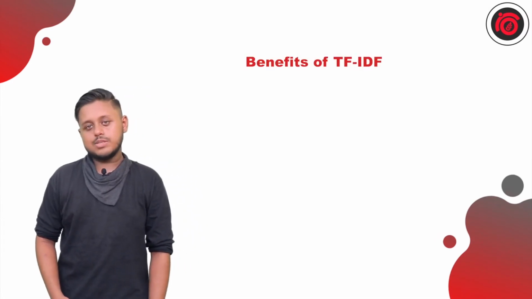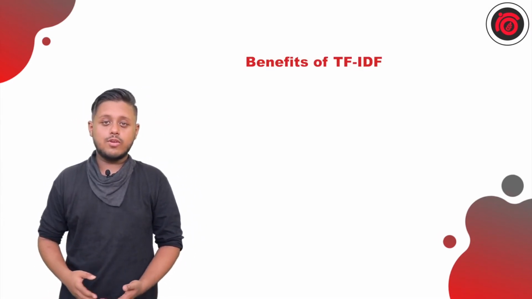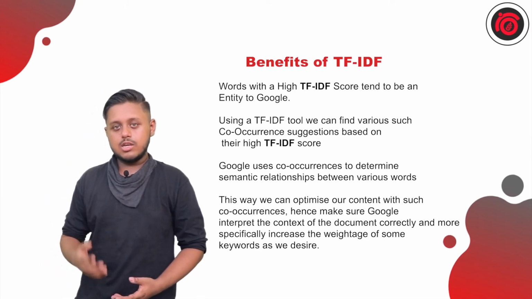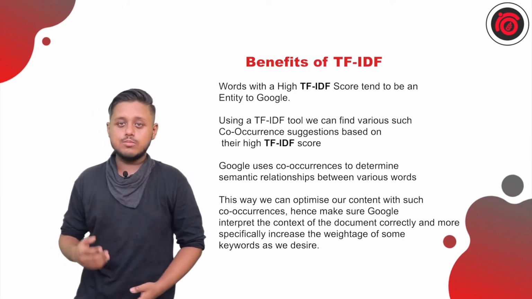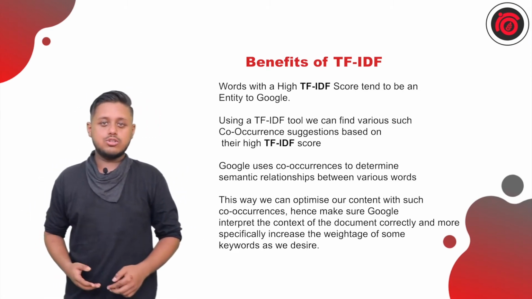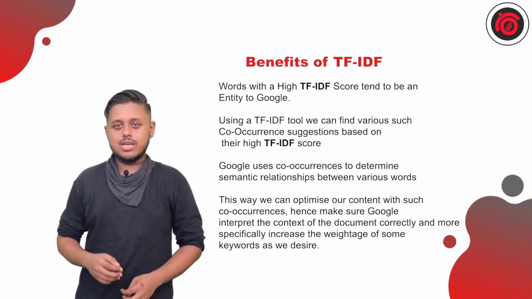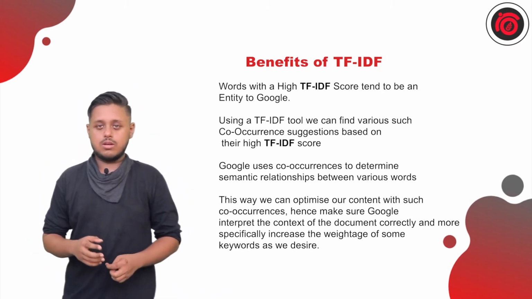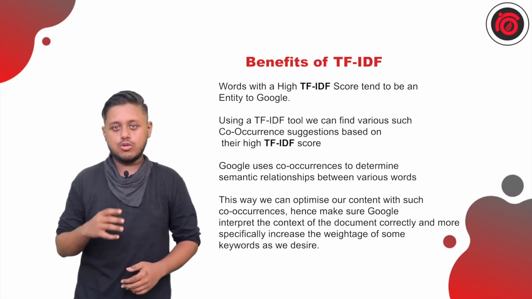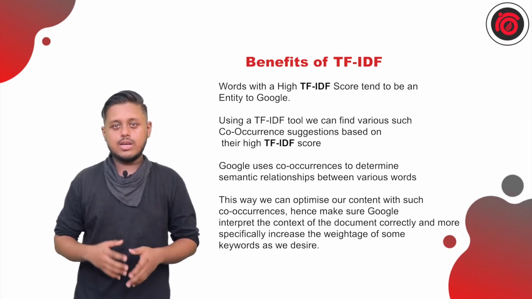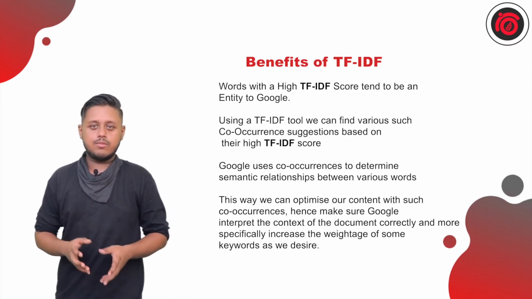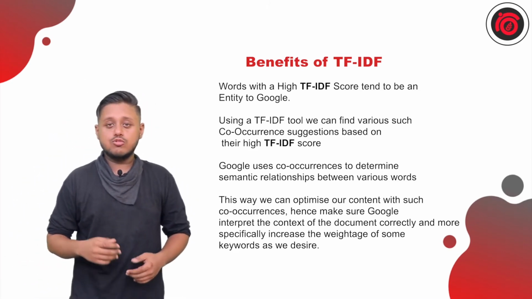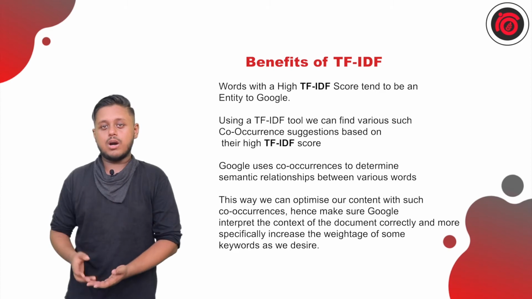We generate the TF-IDF score for each and every keyword, and as I said, keywords which have a high TF-IDF score tend to be more contextual to Google. They are more relevant to the page, and the particular keyword is more relevant and occurs more in your page than any other words. So it basically helps Google to identify entities from other text.